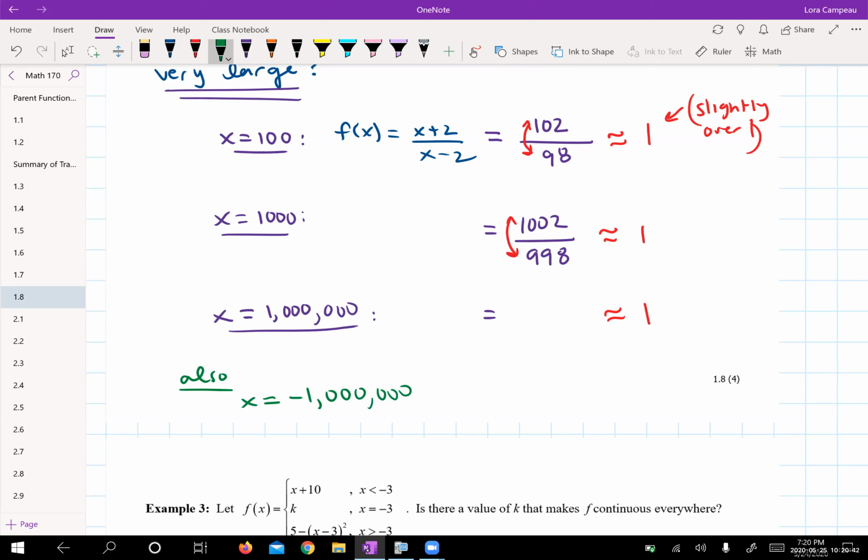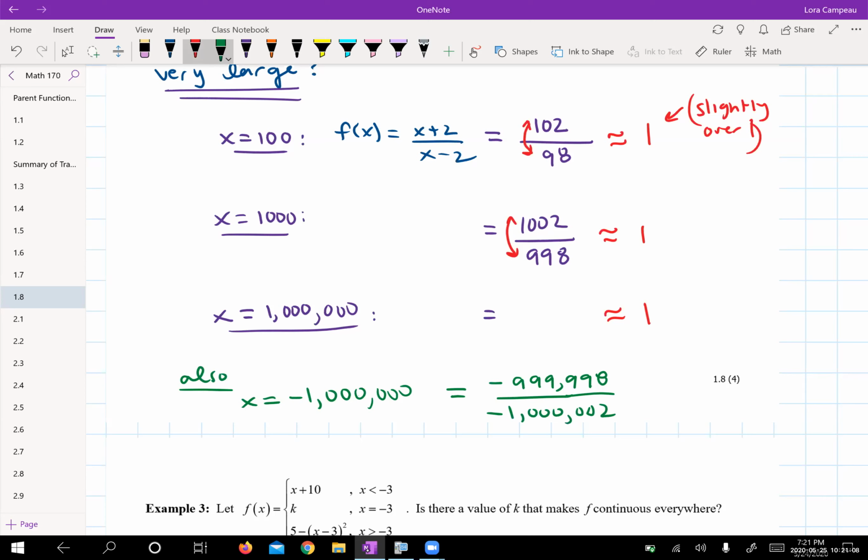what if you have negative 1 million plus 2? I think we're going to get something like negative 999,998. Negative 1 million minus 2 is negative 1,000,002.